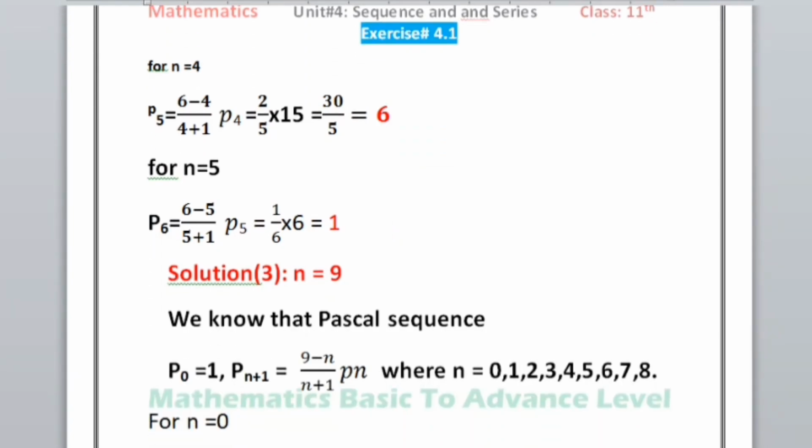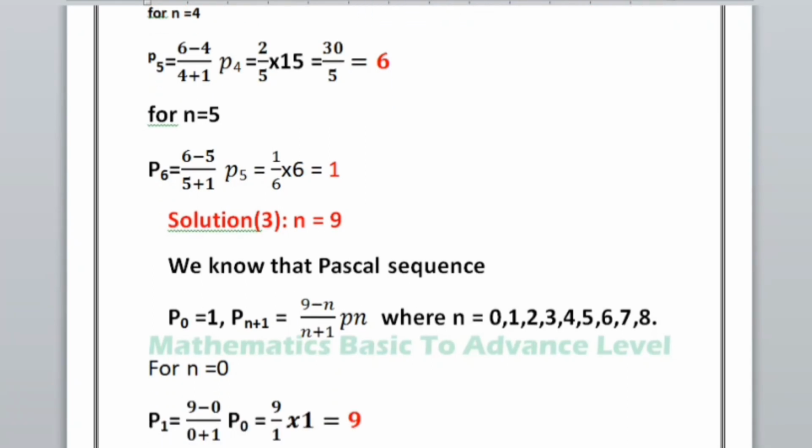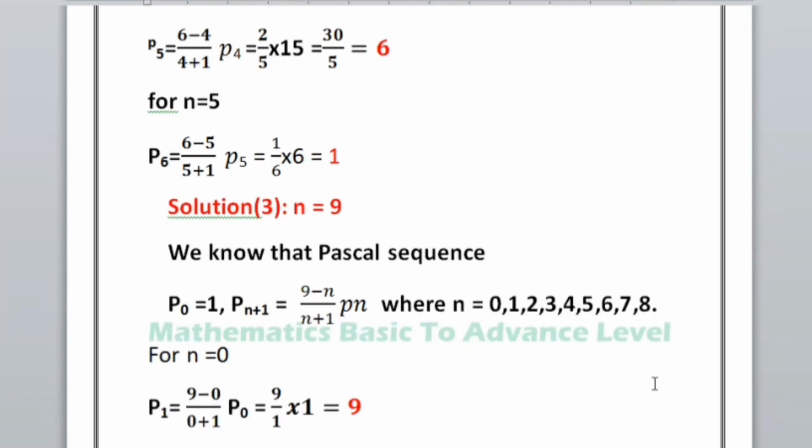We know that the Pascal sequence p naught is equal to 1, p n plus 1 is equal to (9 minus n) divided by (n plus 1) times p n, where n is equal to 0, 1, 2, 3, 4, 5, 6, 7, 8.